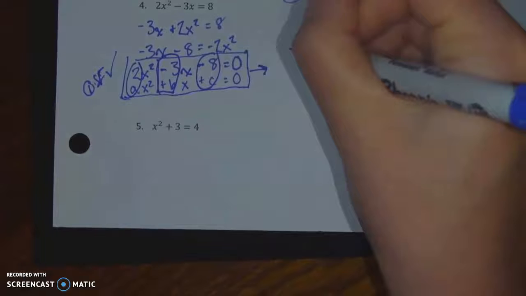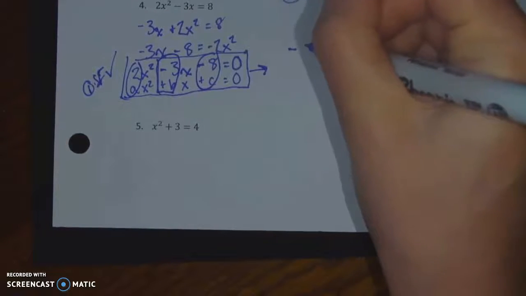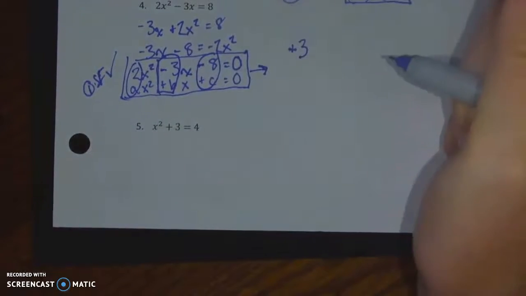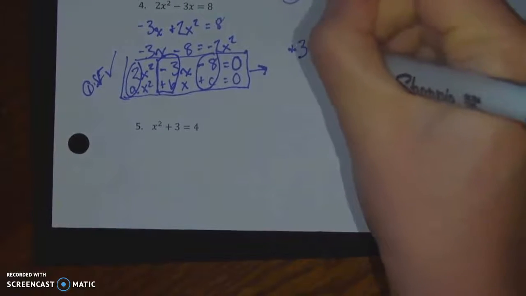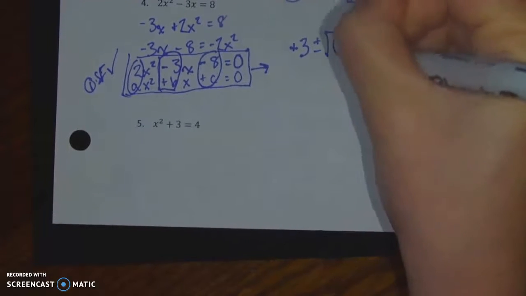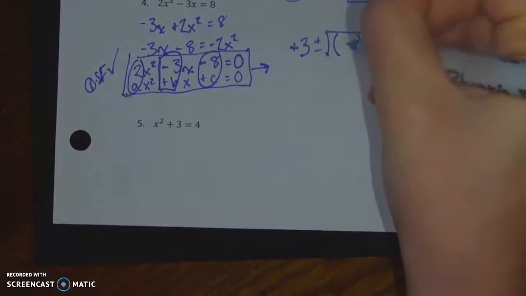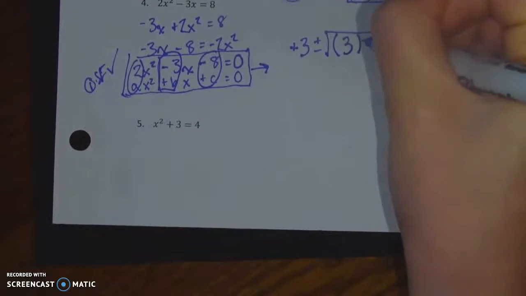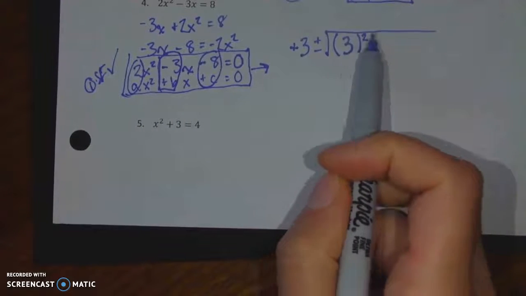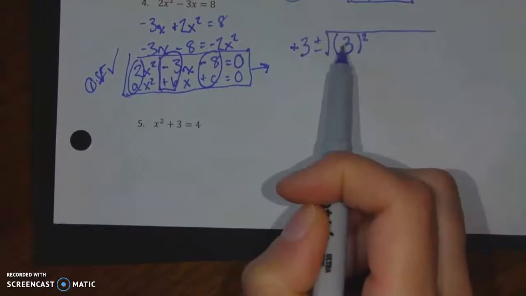So here I've got a negative b, so negative negative 3, which I'm just going to write as a positive 3 right from the get-go, plus or minus the square root. Okay, now I know that I'm going to do b squared, which is a negative 3 squared, but I know that a negative and a positive squared are the same, so I'm actually going to write a positive 3 in here so I don't forget that, because remember, if I square it, that negative is going to disappear anyway.